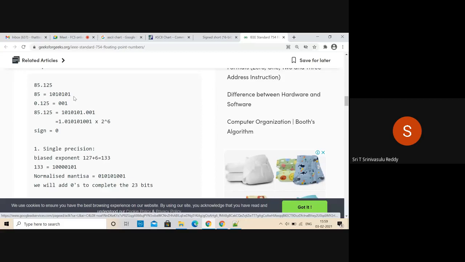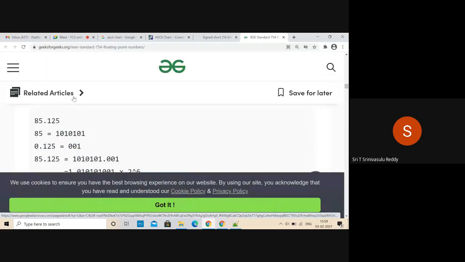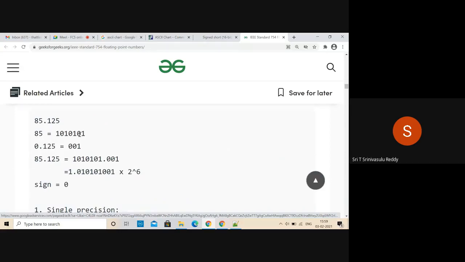Why is that? This is 64 plus 16 is 80, and then 4 plus 1 is 5. So that's why 85 you can easily understand.